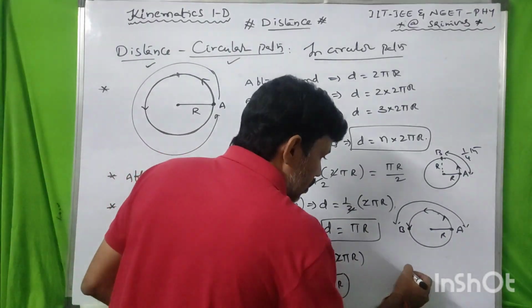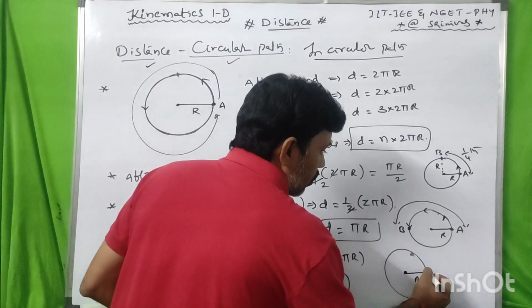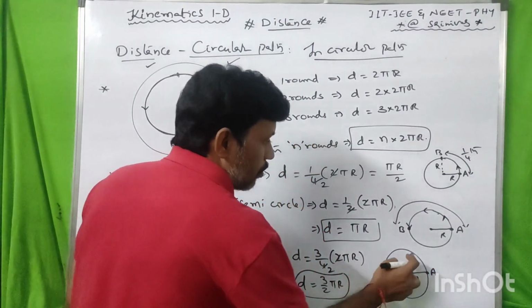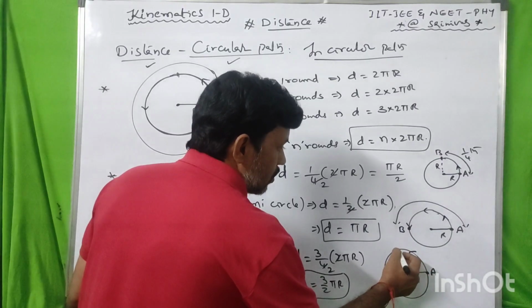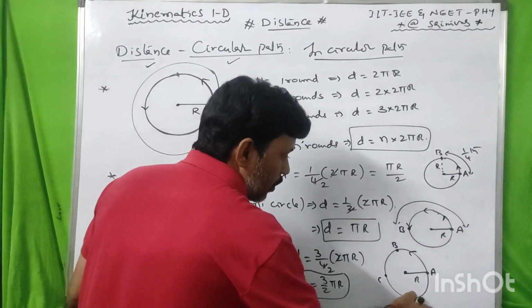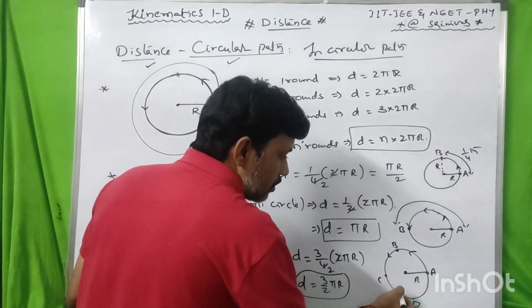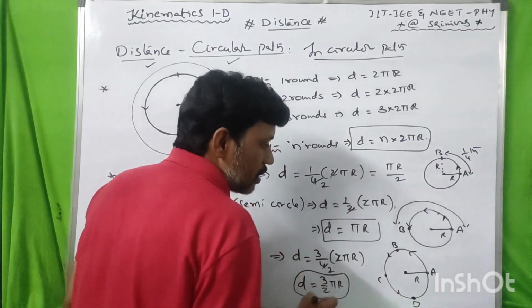The diagram is like this. For example, this is the circle having radius r. Particle starts from point A and reaches, for example, point B, after that point C, after that point D. Finally the particle is here.